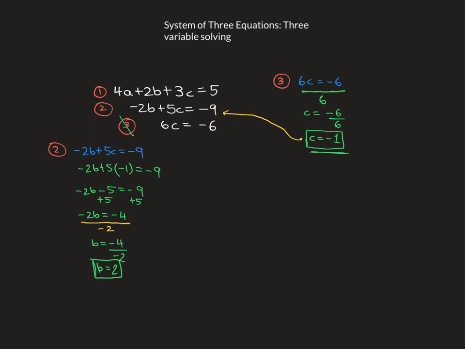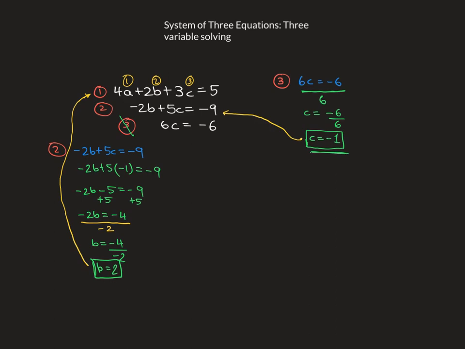Now that we have two of the variables that we need, 2 out of the 3, we can plug them back into our first equation, because this first equation has 3 variables, and if we have 2 of the variables, that means we will be able to solve.